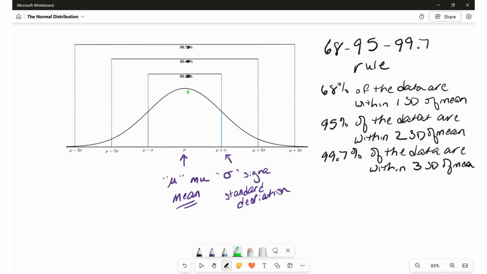So the 68, 95, 99.7 rule tells us that this area here represents 68% of your data.